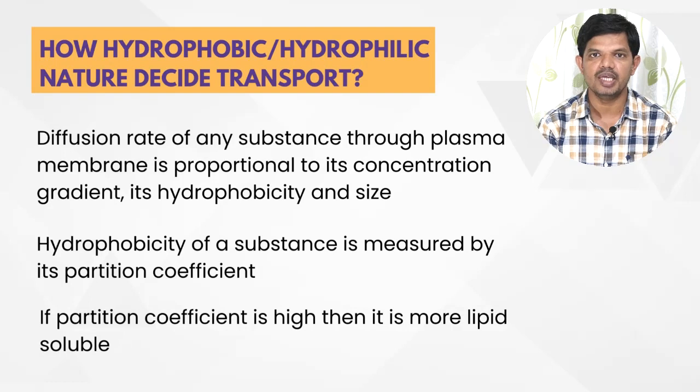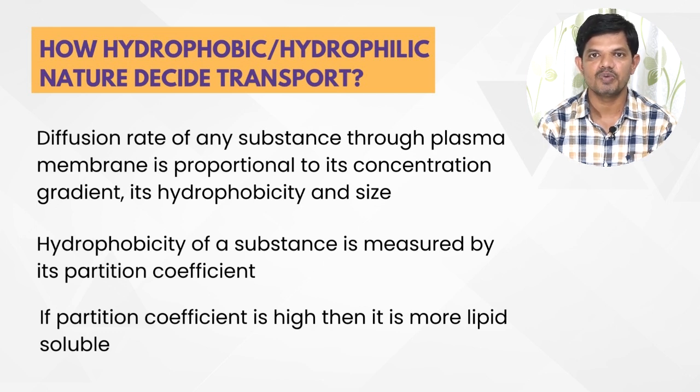The diffusion rate of any substance across a plasma membrane is proportional to its concentration gradient across the layer and to its hydrophobicity and size, while movement of charged molecules is affected by any electric potential across the membrane. The moving molecule may be either hydrophilic or hydrophobic. The hydrophobicity of a substance is measured by its partition coefficient, denoted by K, which is the equilibrium constant for its partition between oil and water.